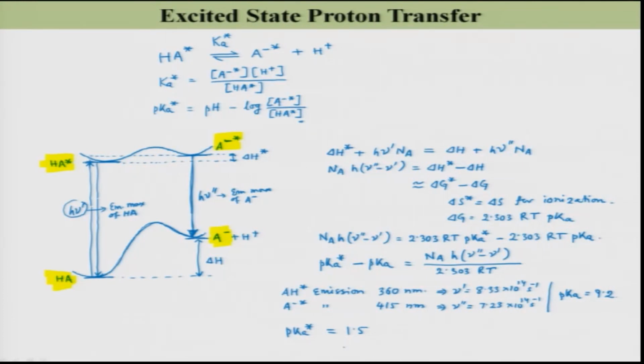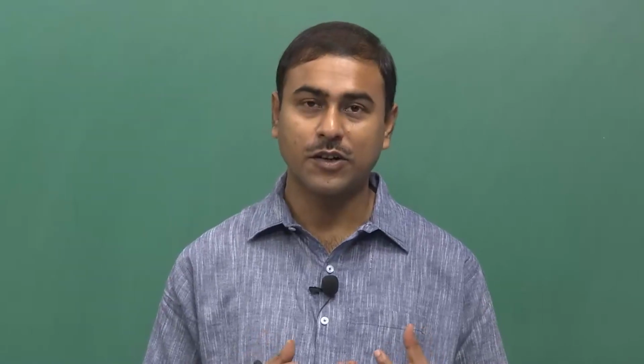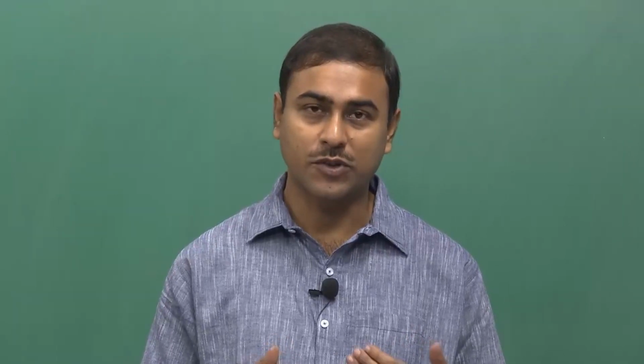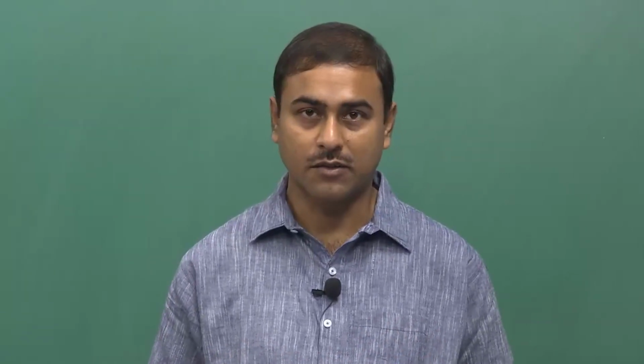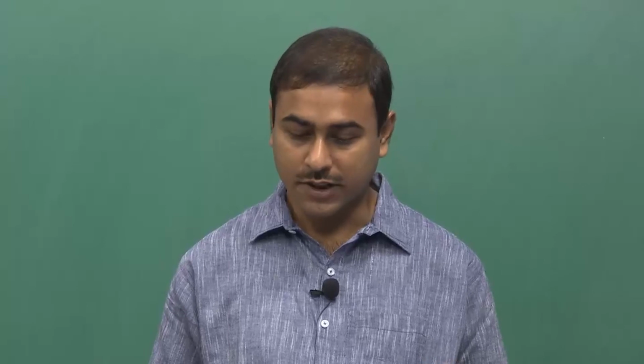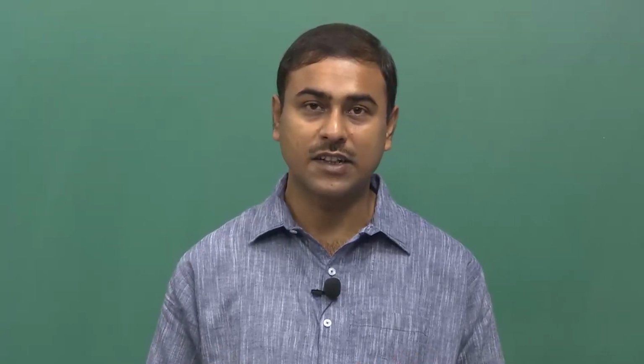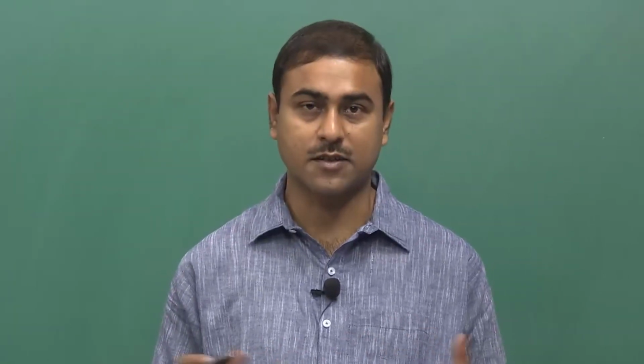Okay. So, now we should discuss the rate of this proton transfer. This is the pK star, whether in the excited state the proton is more labile or not, and how to find out, that is what I have done now. But I should tell you how we will find out the rate of such kind of reaction, acid proton transfer.